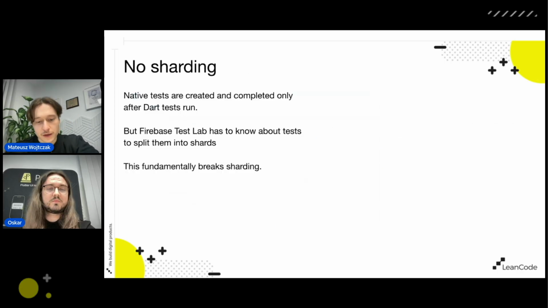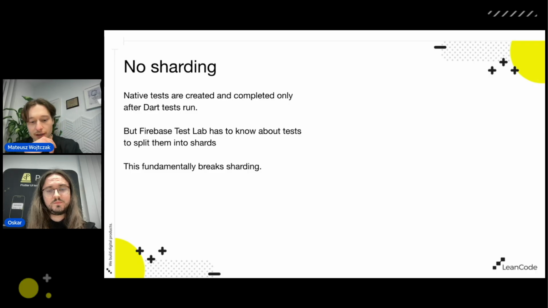And a small thing that can be very beneficial in terms of cost effectiveness is sharding. Sharding is a feature where you can actually split your tests. You have 100 tests, and they are split across, for example, 5 identical emulators and parallelized, so that it takes the duration of about 20 tests, and you have 100 tests already done.